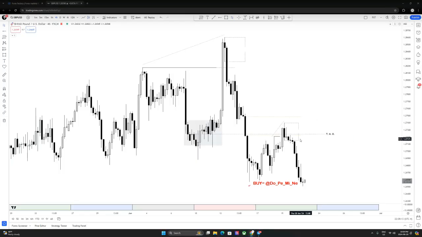Also, you can see that price did not pull back within this gap right here. And why is that? This is due to the fact that we had this precision swing point close within this gap, closing more than 50% of it. Whenever this happens, don't expect gaps to be revisited. Right?